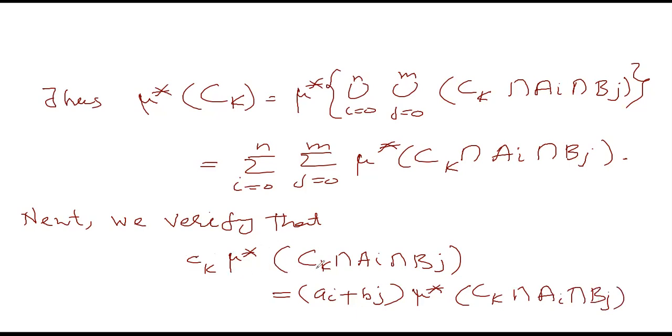In case this set is the empty set, then mu star of the empty set is 0. So in that case, this number will be equal to 0, and the other side is also equal to 0 because this is the empty set. So both the sides are equal to 0. So in case the set is empty, the equality holds.